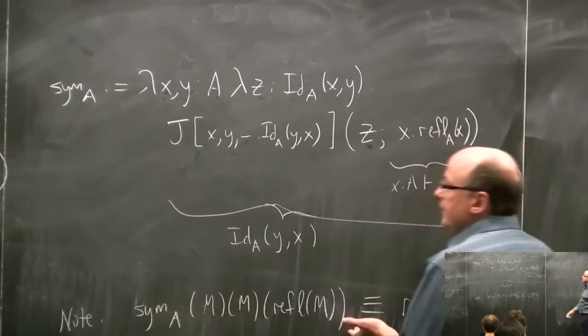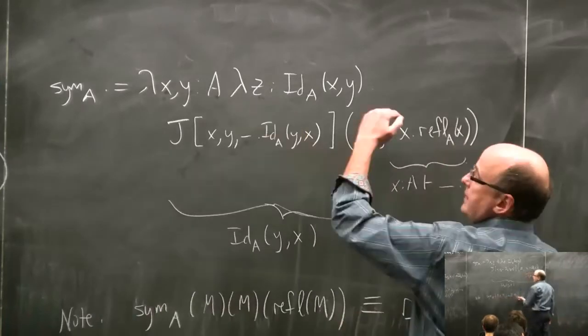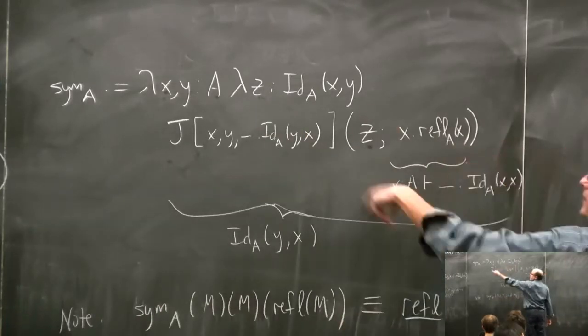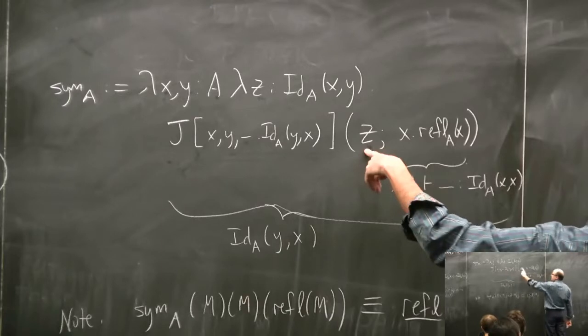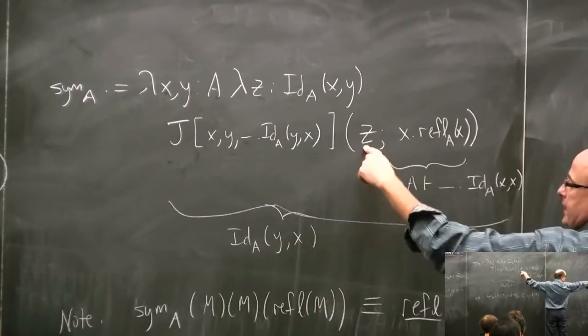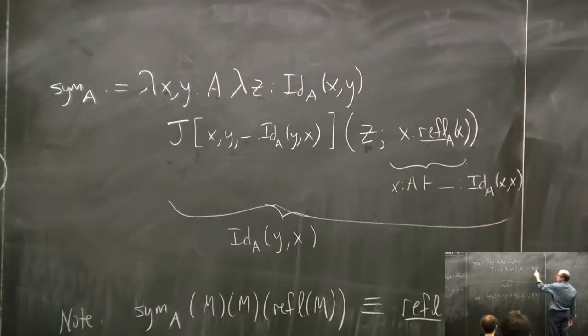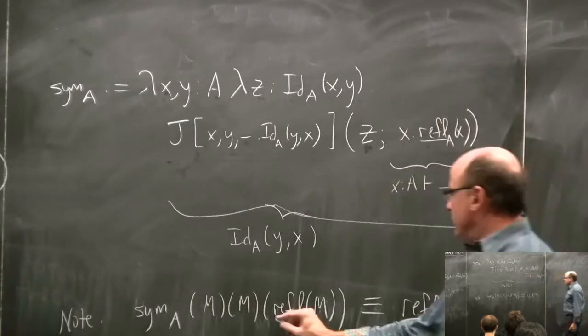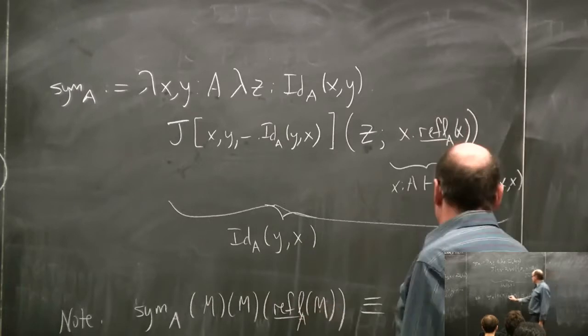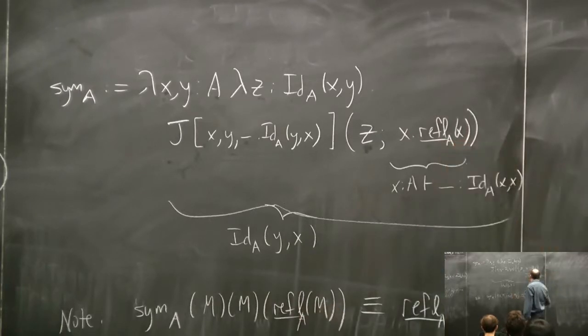Why is that the case? Because this application of symmetry is defined to be a J, and J has a computation rule right there, the beta rule for J. When you plug in reflexivity, it will compute and spit out reflexivity. So it works. So this is what's happening here for refl A, and we try to be careful about all of that. So we'll need that.